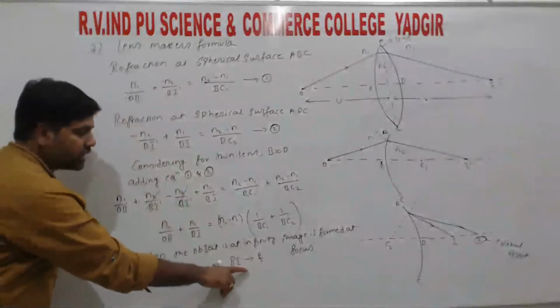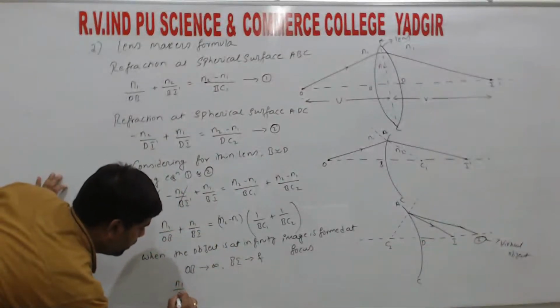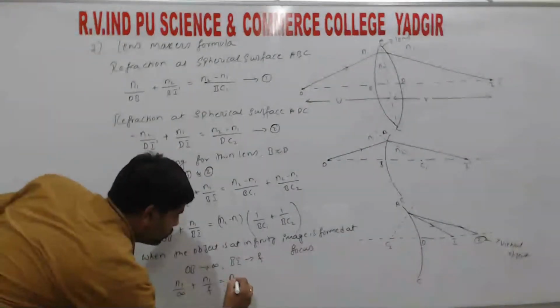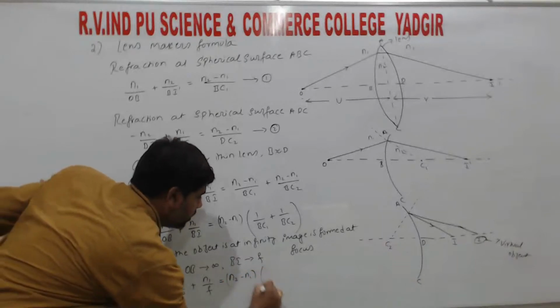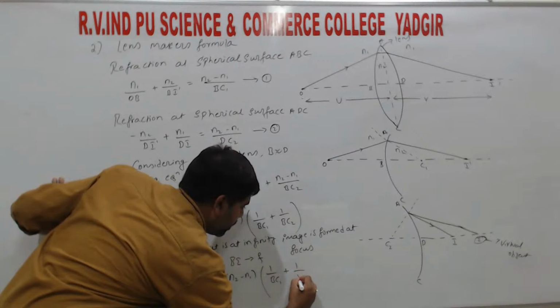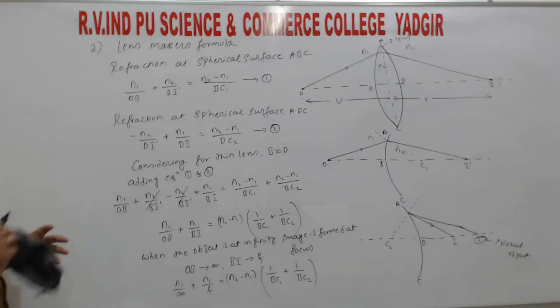So substituting this condition into the above equation, n1 by infinity plus n1 by f equals n2 minus n1 times 1 by BC1 plus 1 by BC2, right?